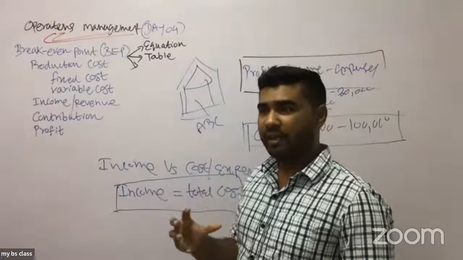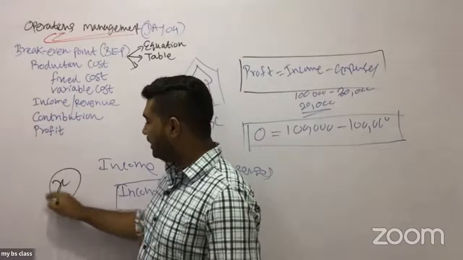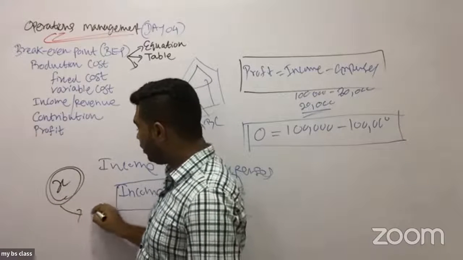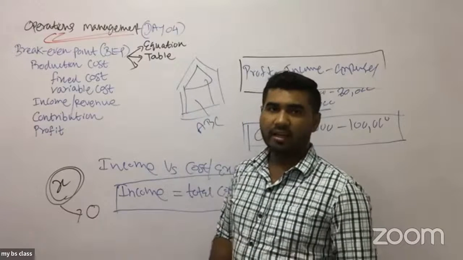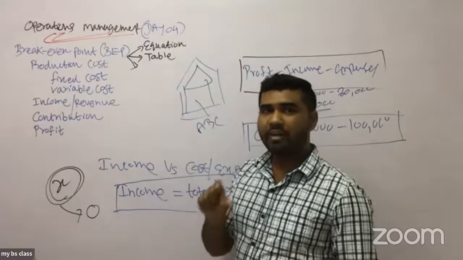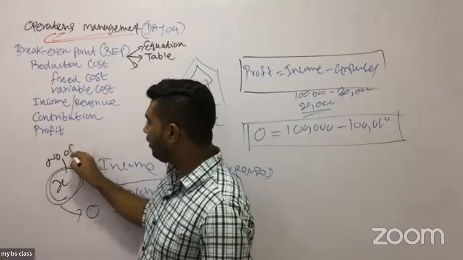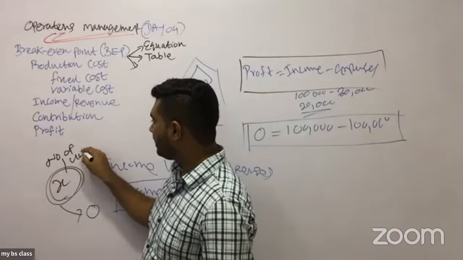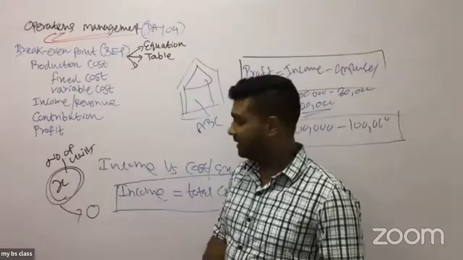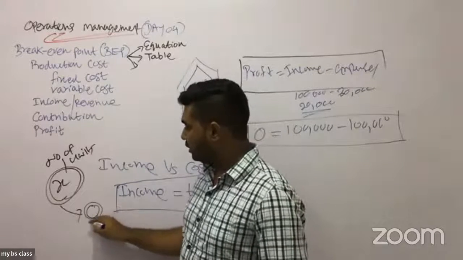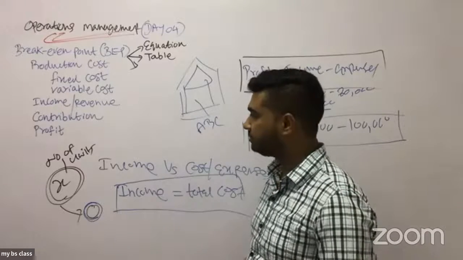The number of units that you sell, let's say X, and once you sell X units, your profit is 0. Right? Try to understand this one. We are calculating a point where the point is the number of units you need to produce or sell to have zero profit or zero loss.